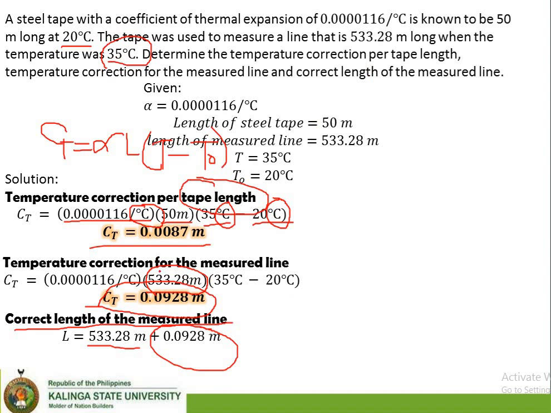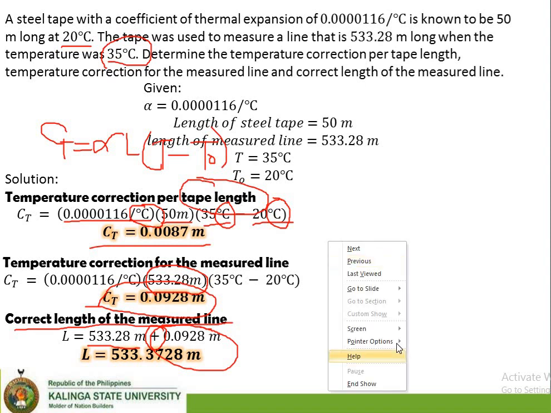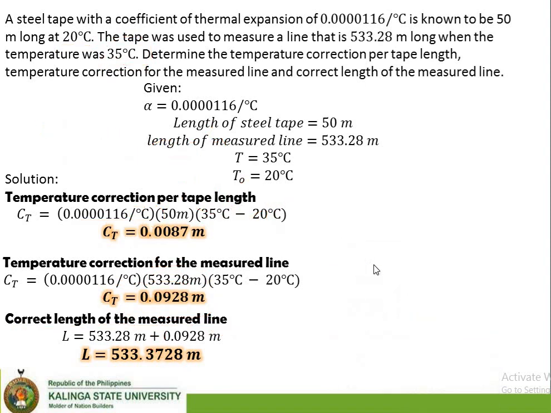If the temperature increases, our steel tape tends to expand. So, humaba yung ating tape. So, since nagkaroon ng increase sa temperature, we have to add the correction due to temperature. Therefore, now the corrected length of our measured line is equal to 533.3728 meters.